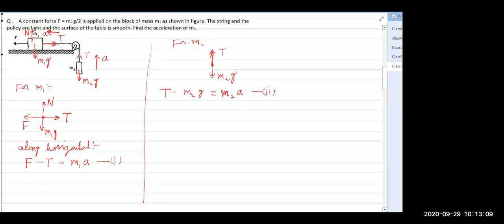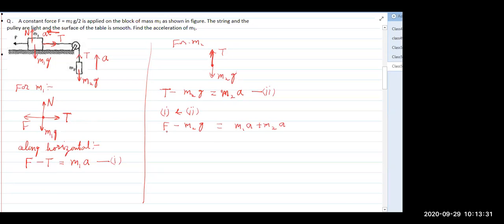Now for finding acceleration, we can add these two, and you can see the tension will get cancelled. Adding equations 1 and 2, we get F minus m2g equals m1a plus m2a.